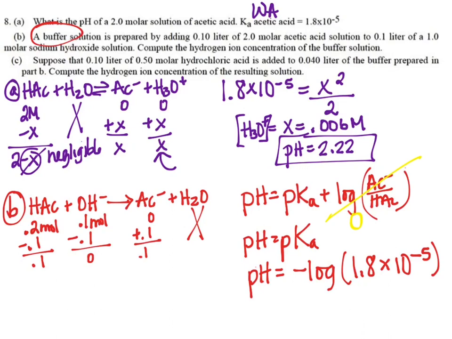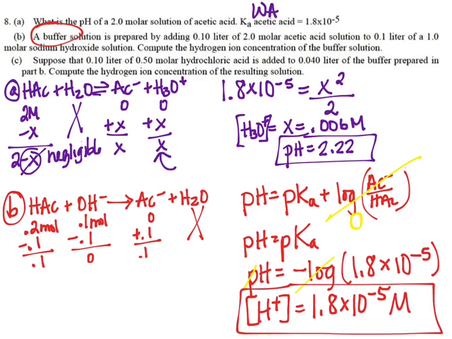Cross out the p and the negative log. So our H concentration is what? 1.8 times 10 to the negative fifth. Everybody okay with that? Because we're fixing to throw another situation in here.